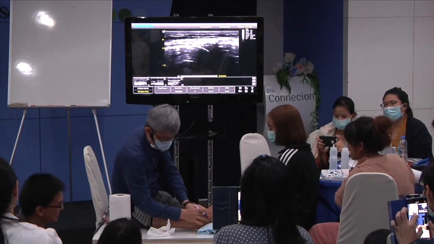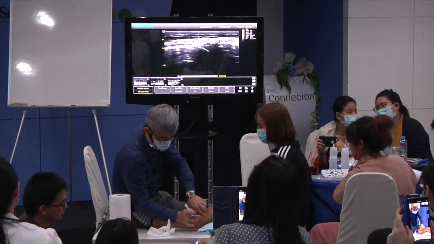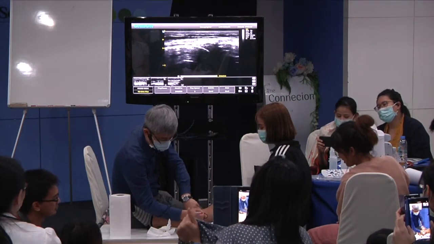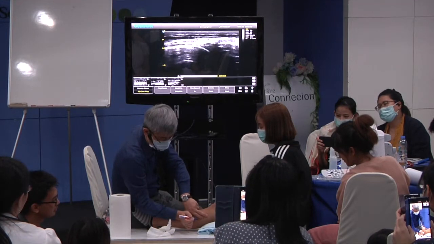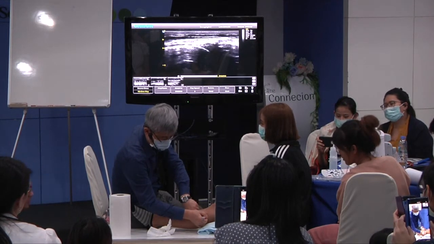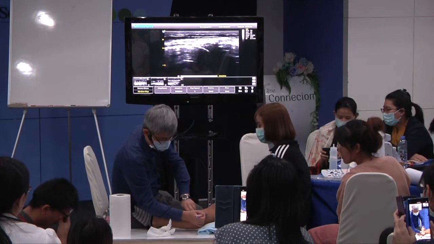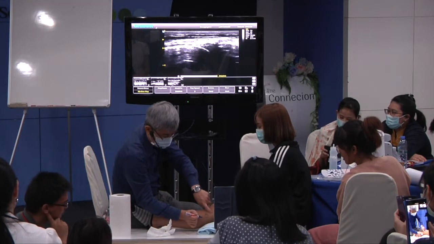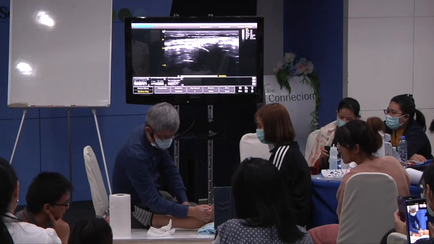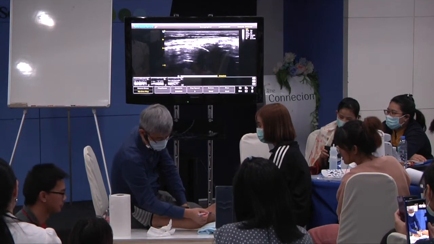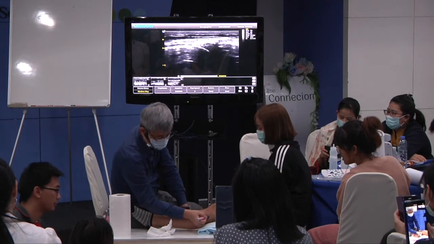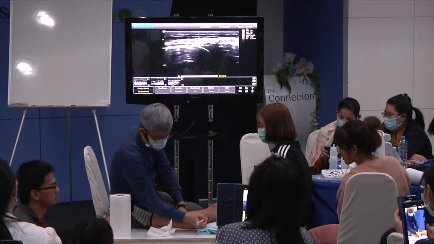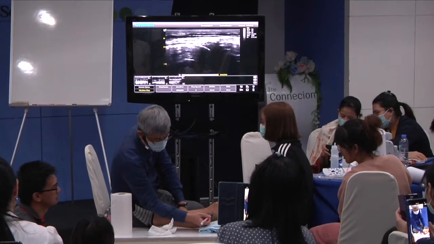Find the fibula head by palpation. Find the lateral condyle by palpation. This is the lateral collateral ligament.